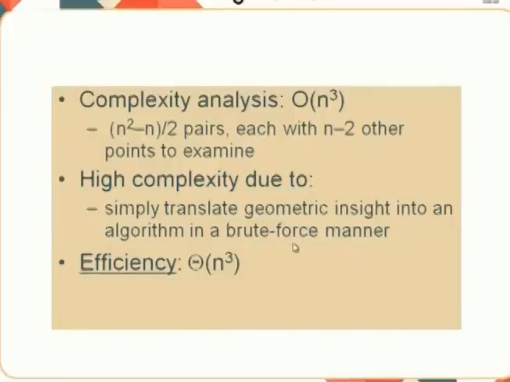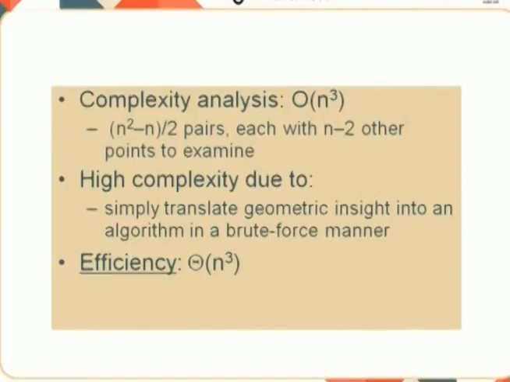This is a very high complexity, because converting that geometric insight into an algorithm in a brute force manner requires so many comparisons. In short, the efficiency of this algorithm is theta of n cube.